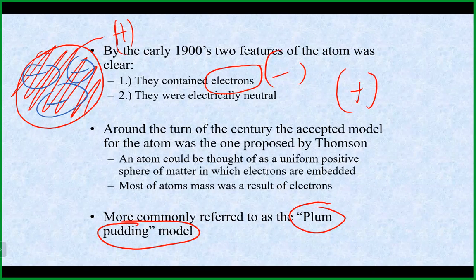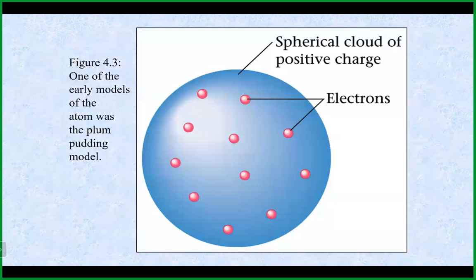Plum pudding is like a rice dessert with raisins embedded inside. So the idea there, raisins are kind of like the electrons, and the rice is spread out over the whole thing. So the idea here is we have this vast positive charge with these electrons inside. Here's a much nicer picture of it. And this was an accepted model until some more research and more experiments were performed.